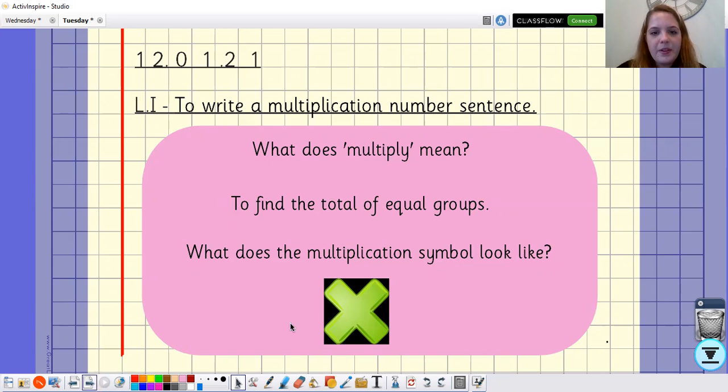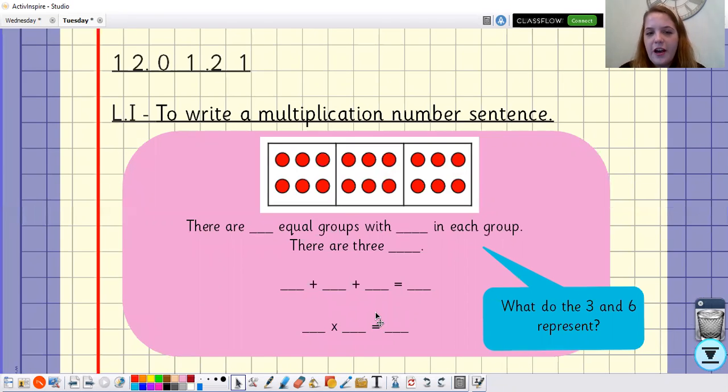Okay, so moving on to our first question. Now, as you can see here, we have a pictorial representation. You've got 3 separate recording sentences to answer. The first one is there are blank equal groups with blank in each group. There are 3 blanks.